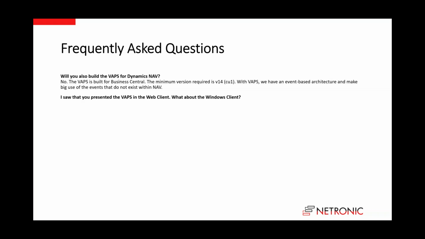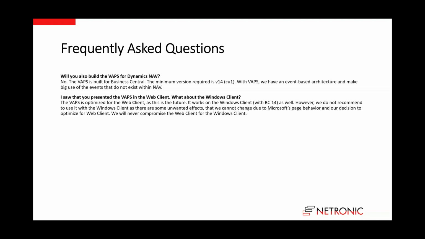And you saw that I presented the VAPS in the web client. What about the Windows client? The VAPS is really optimized for the web client, as this is the future of the product of Business Central, right? So the VAPS works with the Windows client with BC14 as well, but we really do not recommend that you tell your customers they should use it in the Windows client, because there are some unwanted effects that we cannot change due to Microsoft's page behavior.